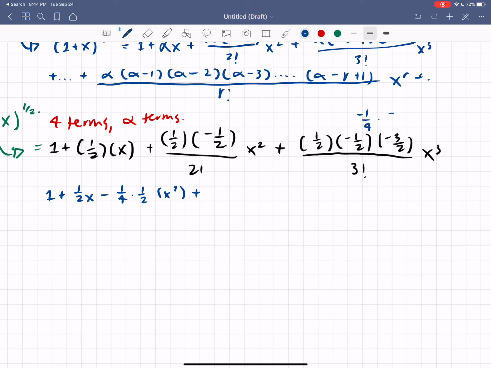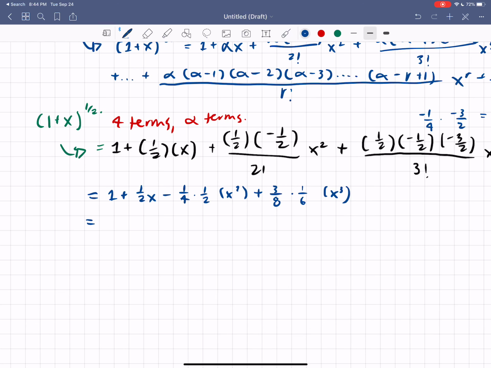Negative 1/4 times negative 3 over 2 is equal to 3 over 8. So plus 3 over 8, given that 3 factorial is 6, x cubed. And if we combine everything together, it'd be 1 plus 1/2 x minus 1/8 x squared plus 1 over 16 x cubed, and so on.